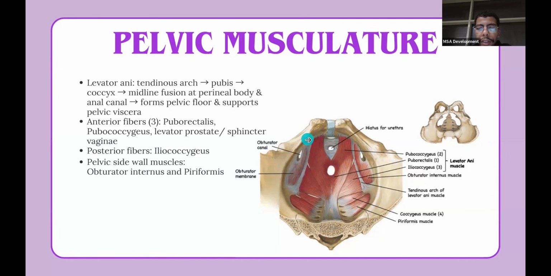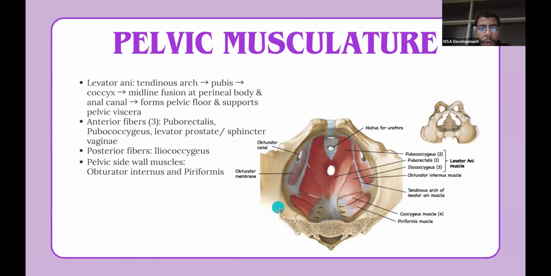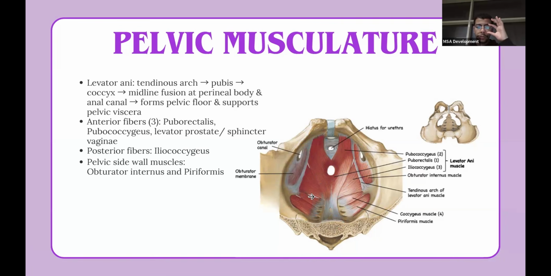We also have alongside it the pubococcygeus, to the coccyx. And then we have the posterior fibers here, which are the iliococcygeus, from the ilium to the coccyx. And then we have the obturator internus, which is behind the membrane. It's removed on the side here. You can see it, obturator internus.